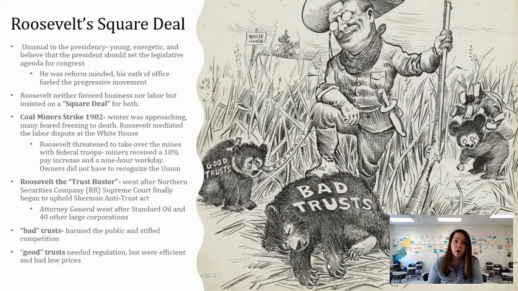So from this point on, the office of the presidency was not just about running the executive departments, but he wanted to drive legislation. He would talk about issues that he felt needed to be addressed. The press would pay attention. You can also imagine that sold a lot of newspapers. And Congress listened.